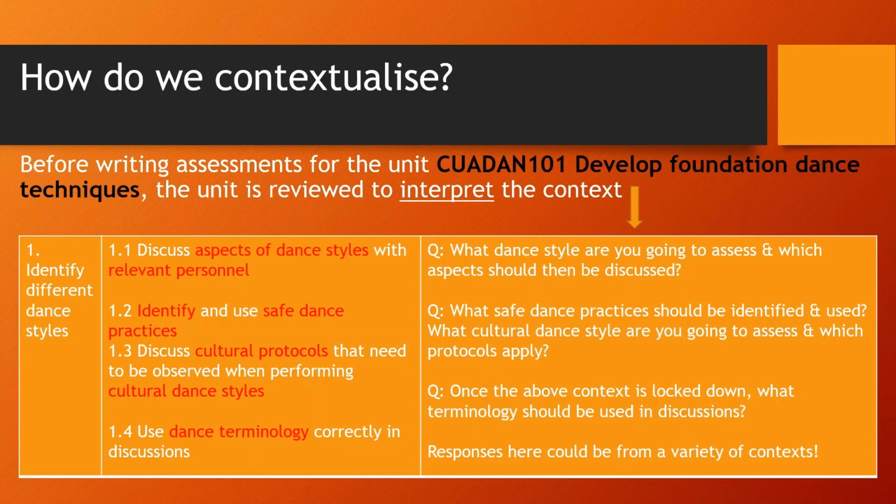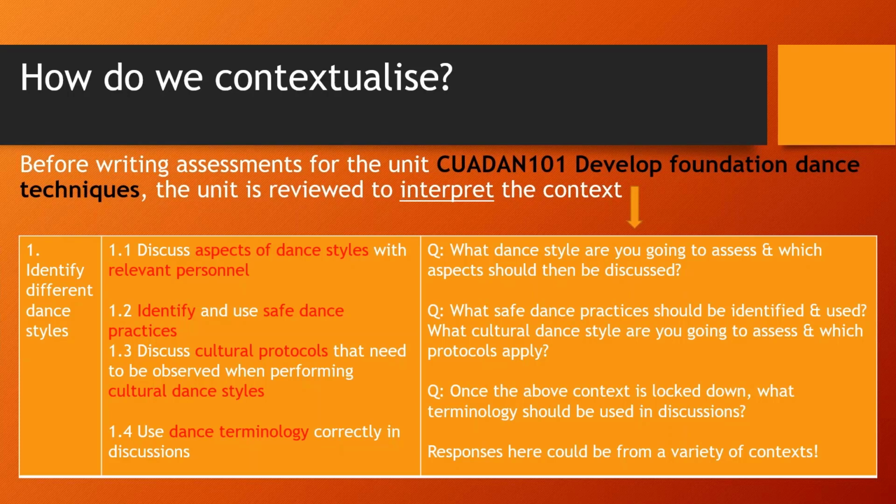And then once the context has been determined, so what's the dance style and what's the different protocols around culture, then you would have to look at what terminology you would expect that a candidate who's competent in that particular dance style and cultural protocols, what sort of terminology should they be aware of to use in discussions. So you may have a different list of terminology depending on what the dance style is.